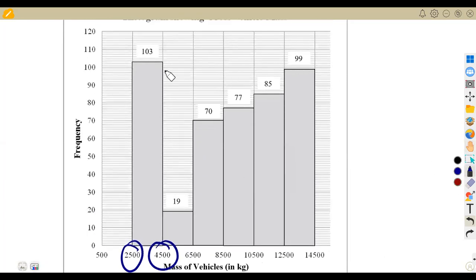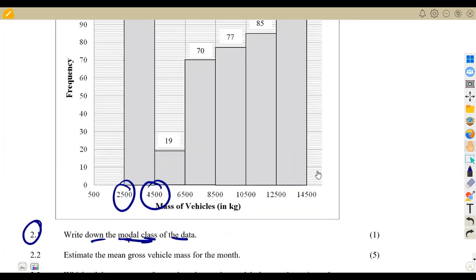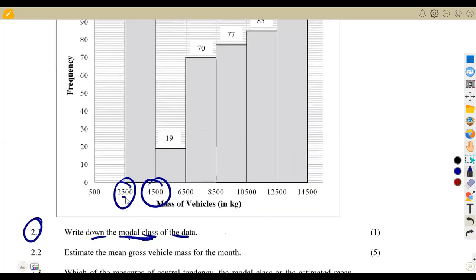The highest frequency ever recorded was 103, which is the class of 2,500 to 4,500. That is the one with the highest frequency. The biggest bar drawn here is at 103. So the class, like I said, is from 2,500 to 4,500.